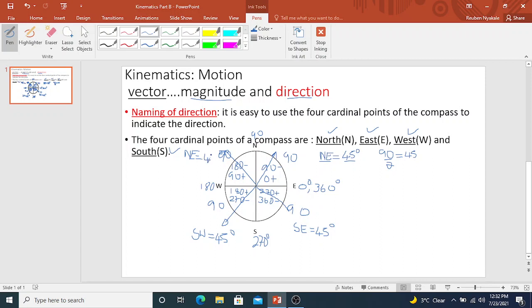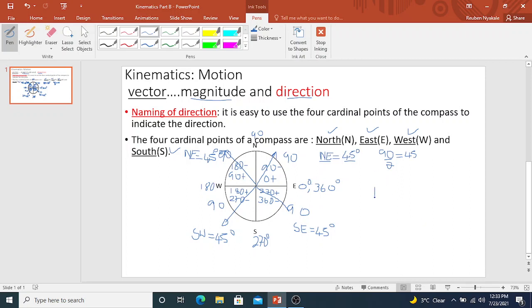45-degree angle. Right. Now, when given a direction and they said you are moving northeast, you know that you are at the 45-degree angle. Whenever you depict the direction, you would tabulate it.